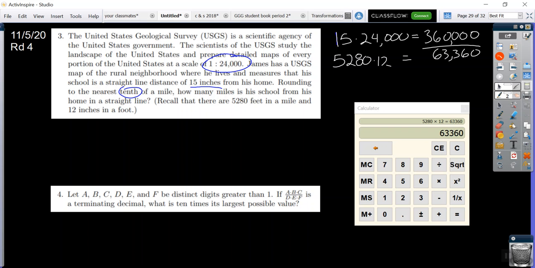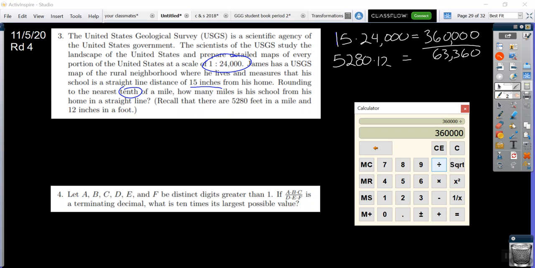Well, we're just going to divide the number of inches it is total by the number of inches in a mile. So we have 360,000.